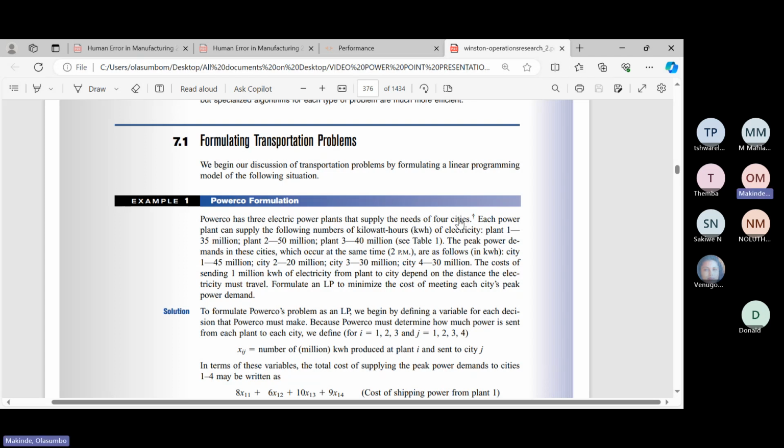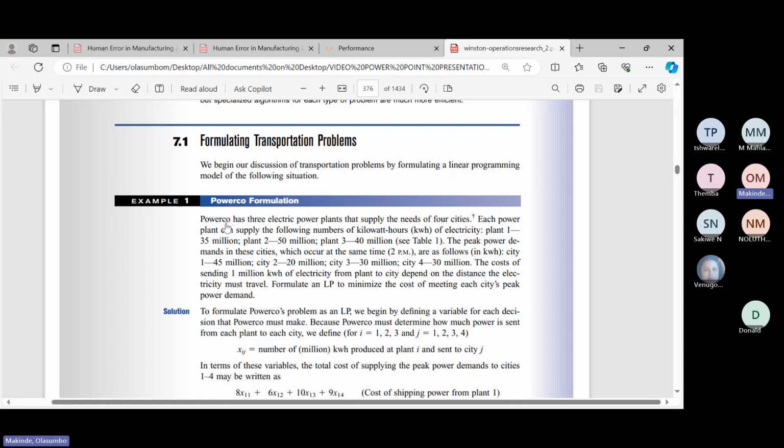I'm trying to relate this scenario because the people that wrote this book are from the United States, so we must relate it to what is happening within our own country. Hence the reason why I'm giving you an example that you can relate to. So when you read the scenario, you can already relate it to a power supply problem within the South African context, so that at least it makes sense to you. Even if the scenario is not within our context, relate it to what you know. Then it makes sense to you.